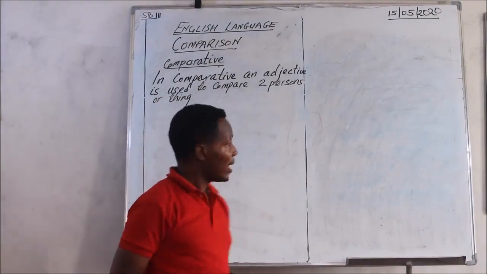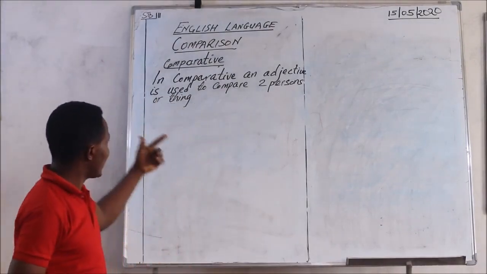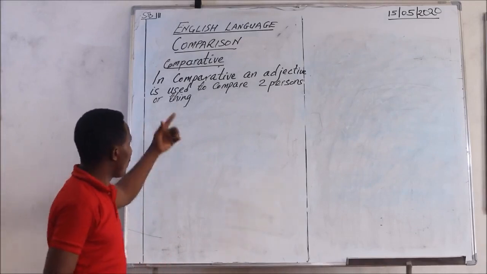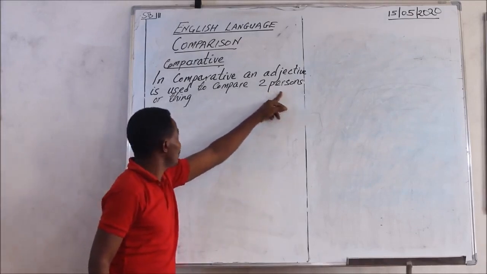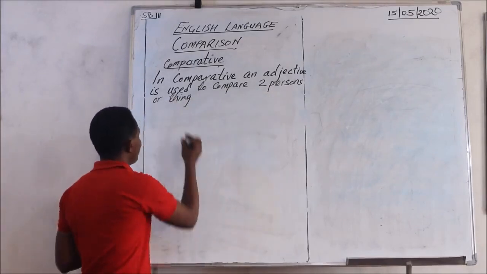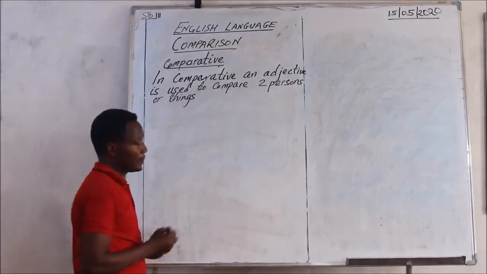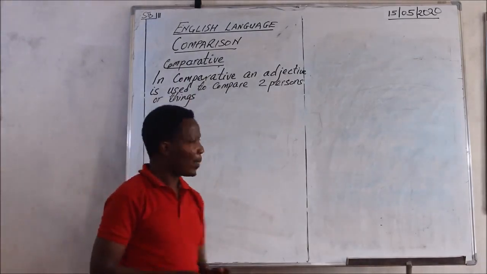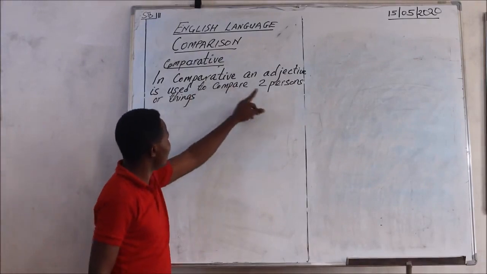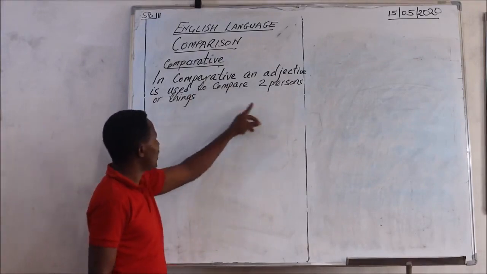So, in comparative, an adjective is used to compare two persons or things. Now, we have seen here an adjective is used to compare two things.